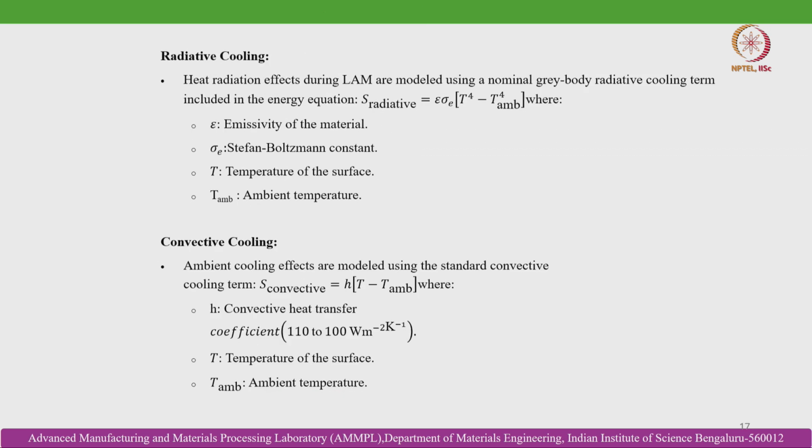So S radiative is equal to epsilon sigma_E (T to the power 4 minus T ambient to the power 4), where epsilon is the emissivity of the material, sigma_E is the Stefan-Boltzmann constant, T is the temperature of the surface, and T ambient is the ambient temperature.